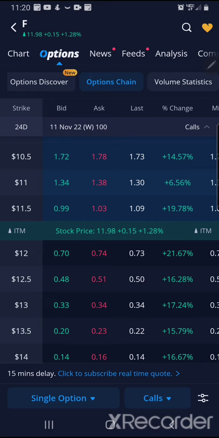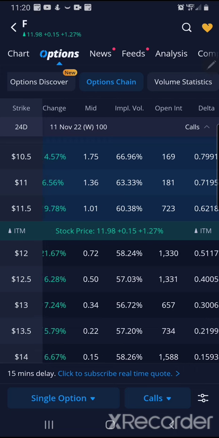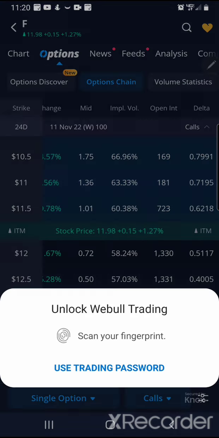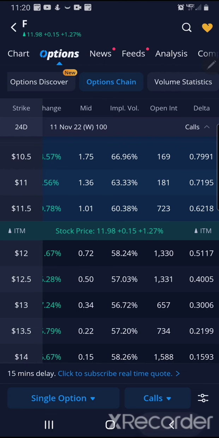Now again, you can scroll over, you can look at your implied volatility. Also of note, you want to look at your open interest. So last week, here's a story. I got in Carvana. I put a put on Carvana, and I did not look at open interest.